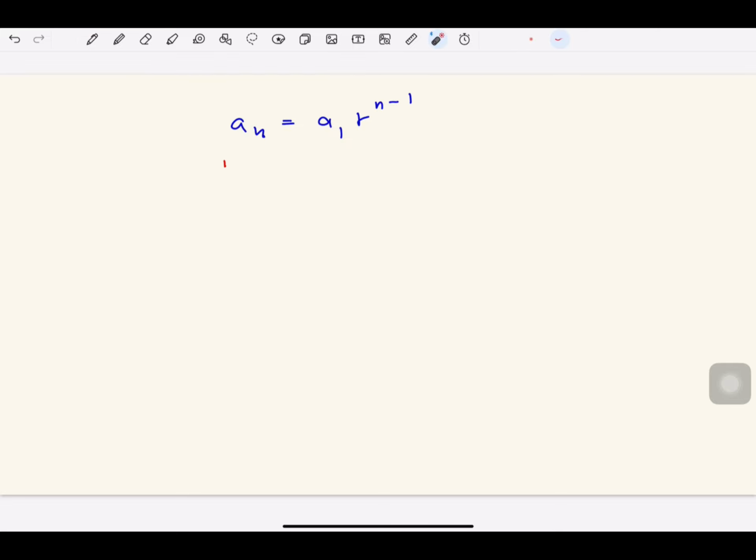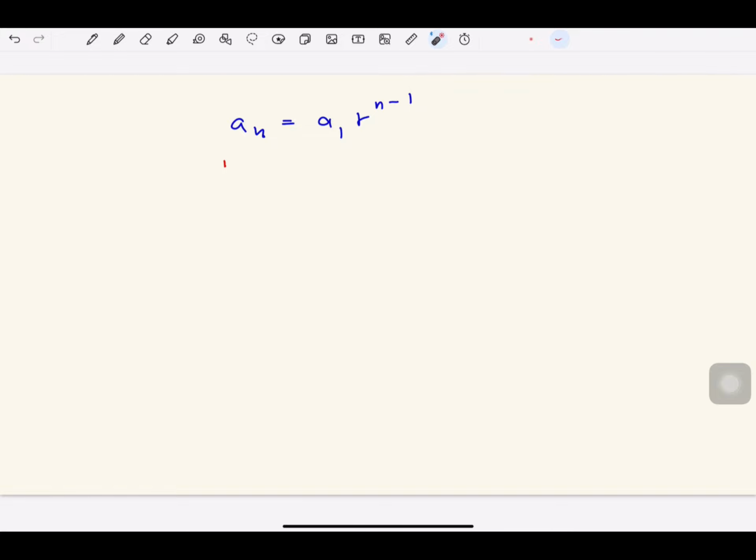Here a sub n represents the term you want, a sub 1 is the first term, r is the common ratio, and n represents the position of the term that you want. This formula is super useful because you don't need to calculate all the terms before the term you want.